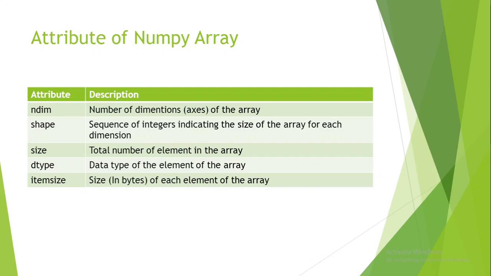We can have 1 dimension, 2 dimensions, 3 dimensions, and we will get to know more about that as we go on. Size is the total number of elements in the array, and dtype is the data type of the elements in the array. While itemsize is the size in bytes of each element of the array. So these are the core and main 5 attributes of NumPy.